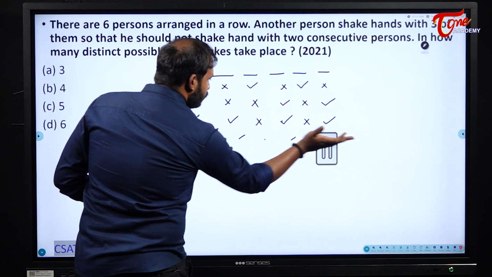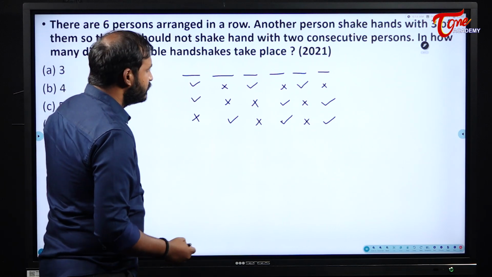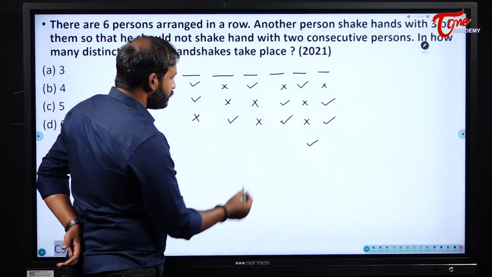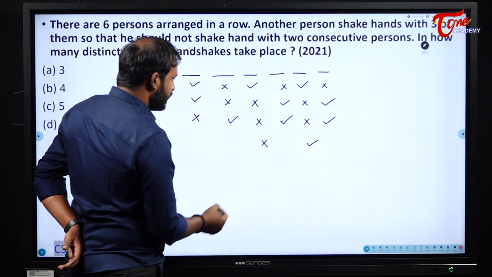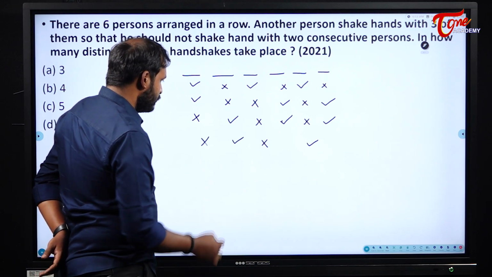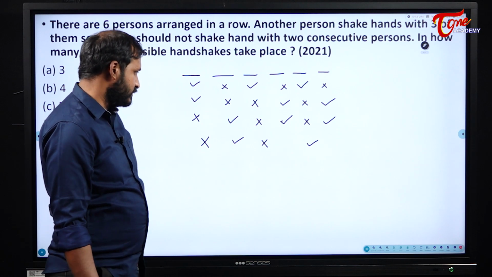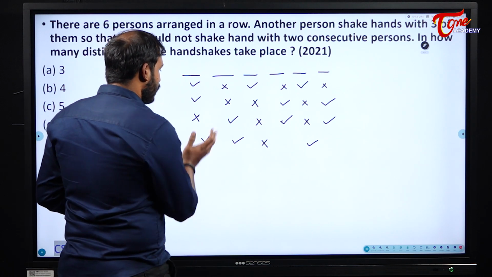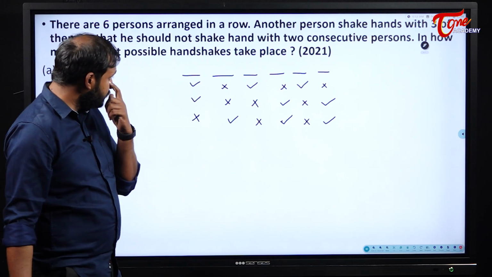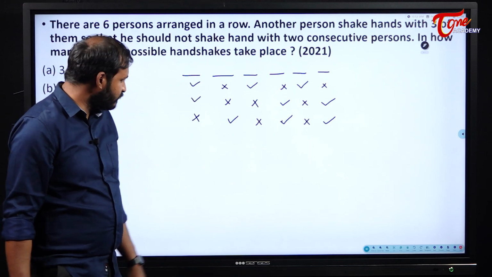Or else, what can he do? Now please see here. If he shakes hands with this person, and if he doesn't shake hands with this person, like this we will have the choice. 3 chances are perfect. Now there will be one more chance, students. What will be the chance?